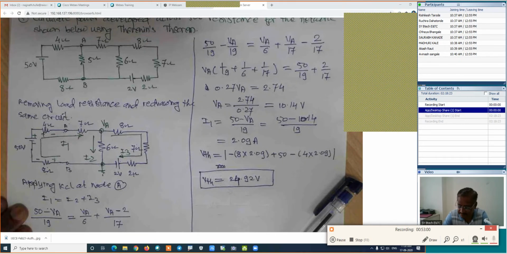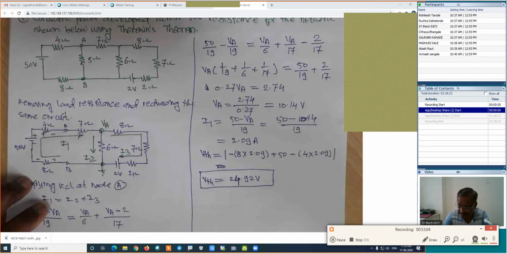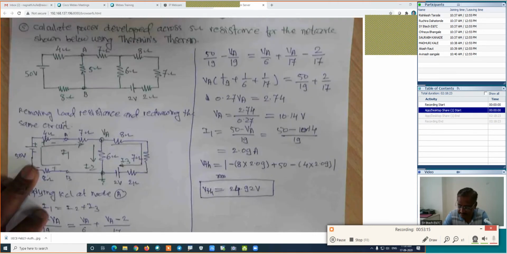So if we know the value of VTH, the next step is the calculation of RTH. Now be careful while finding the value of RTH, which is Thevenin's equivalent resistance. I will start from here.